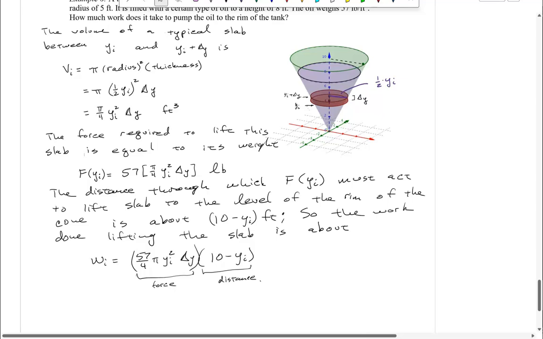Now, if there are n slabs between 0 and 8, that means we're going to need to add up all this work done.